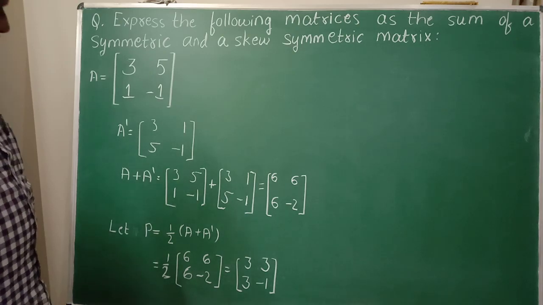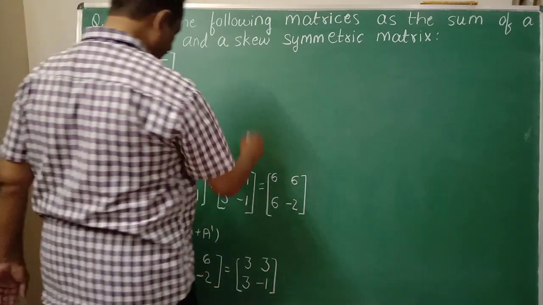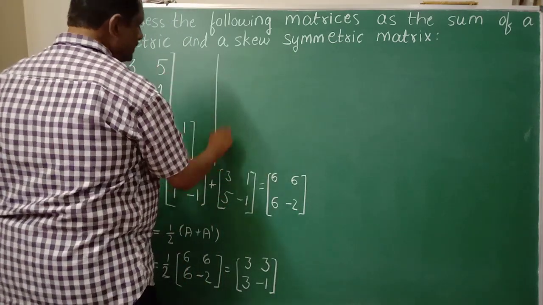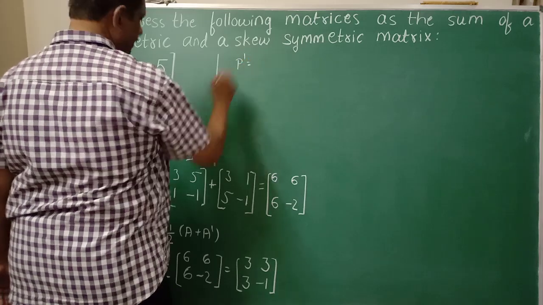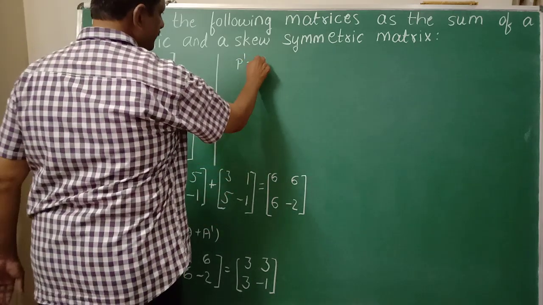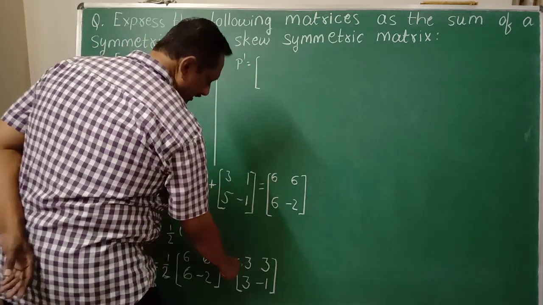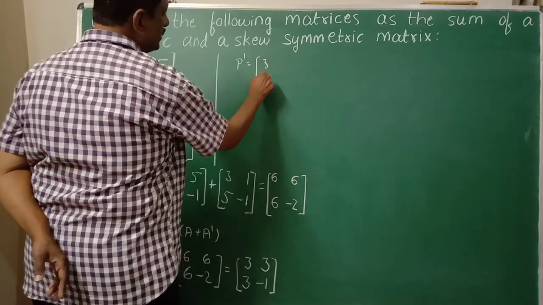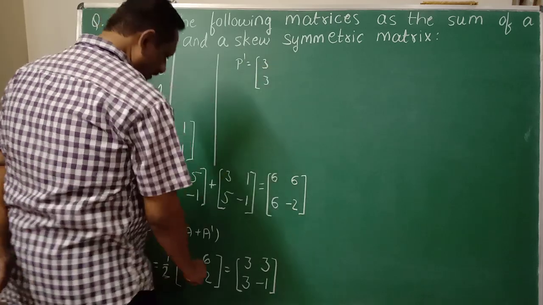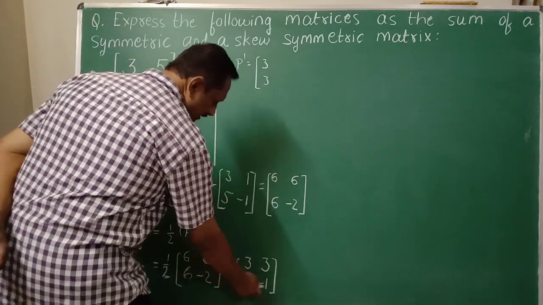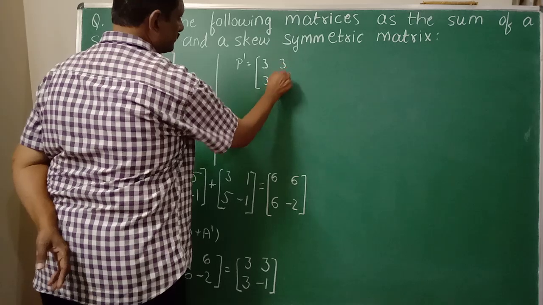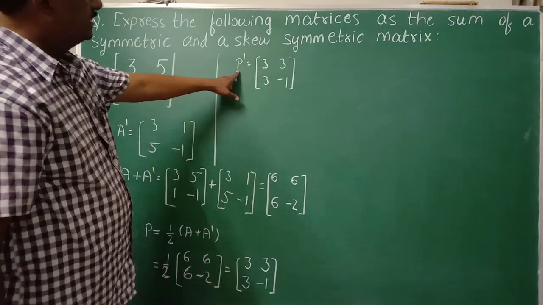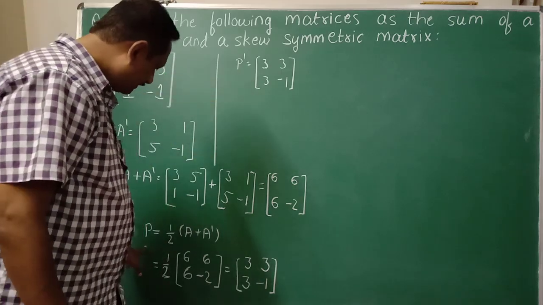Next, A minus A dash. Here take its transpose. So P dash is equal to 3 3, the elements in a row written in the column, 3 comma 3, and 3 minus 1 written in the column. Therefore P dash is this matrix, and P is this matrix.